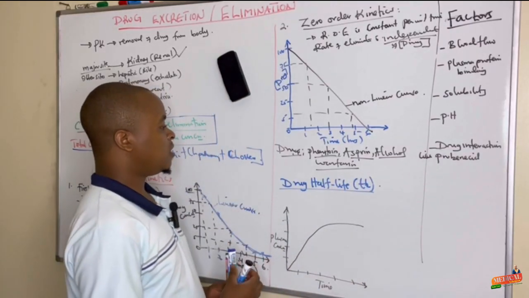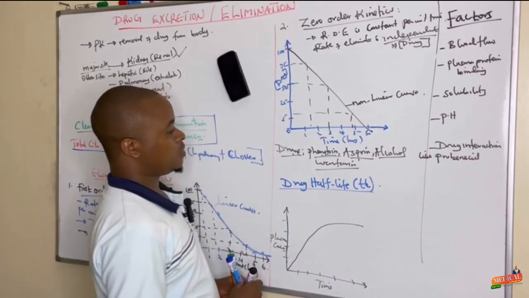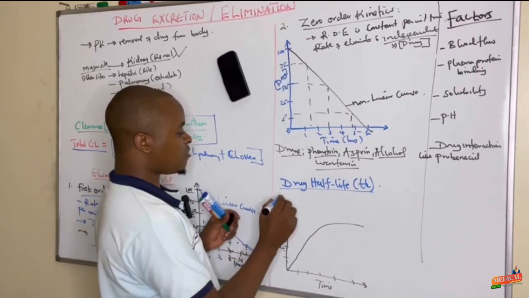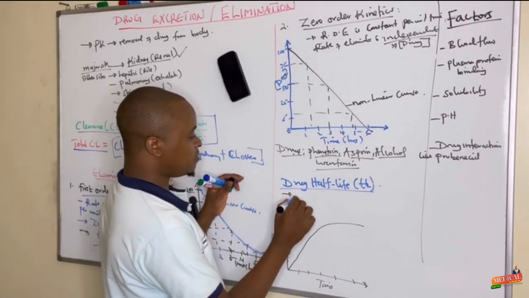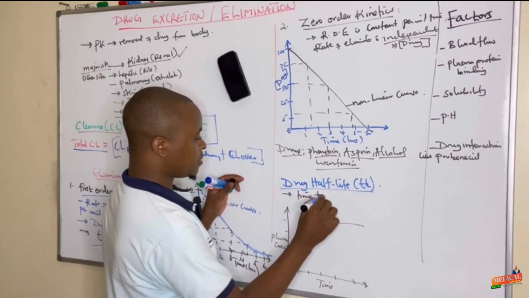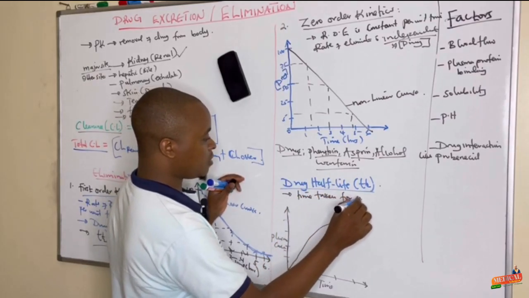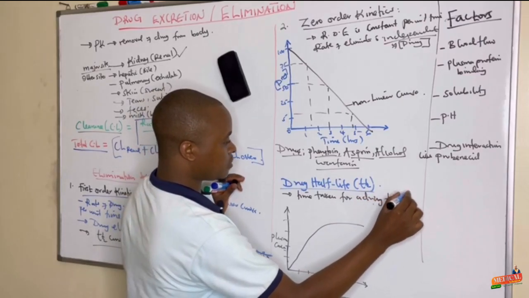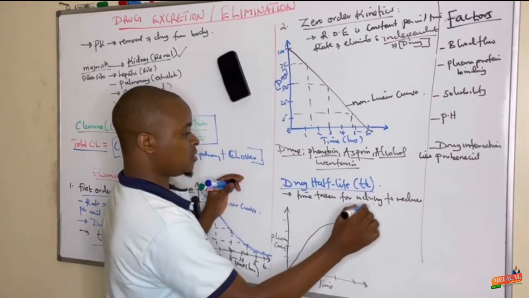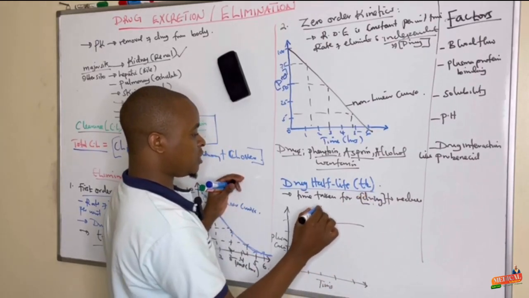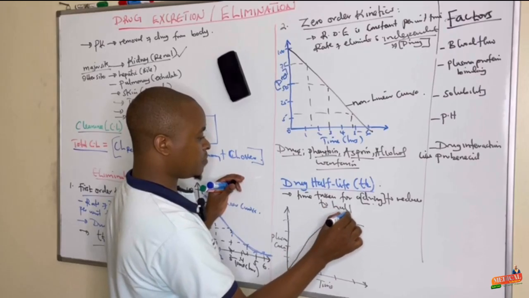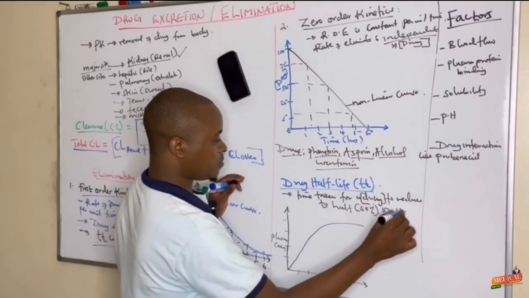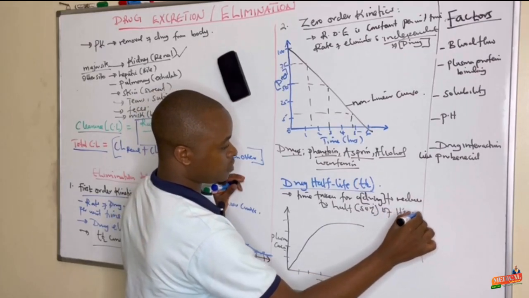And as we are moving on, we also need to understand drug half-life. Drug half-life is the time taken for a drug concentration to reduce to half, that is 50% of its original value.